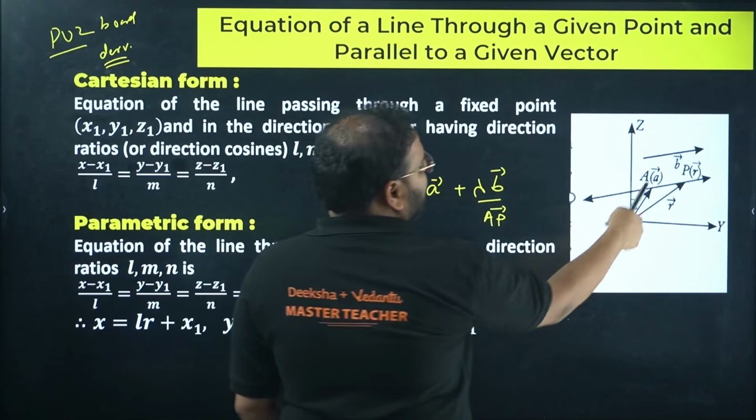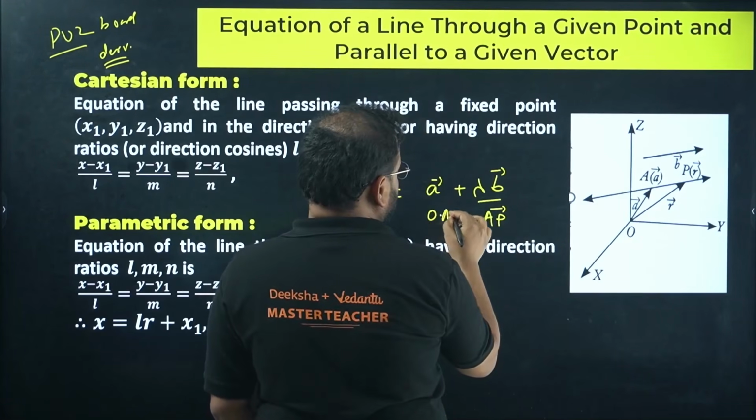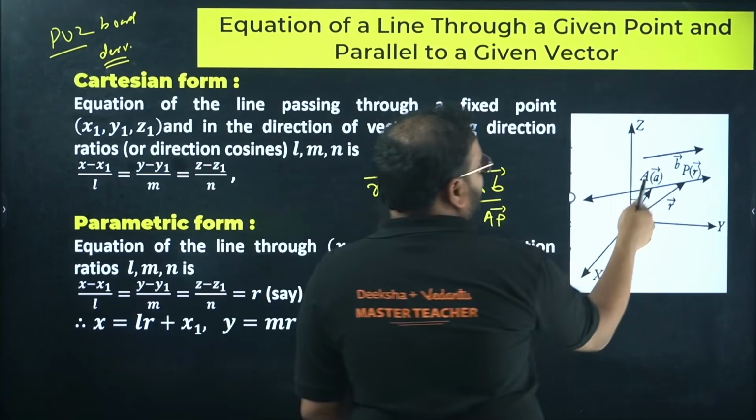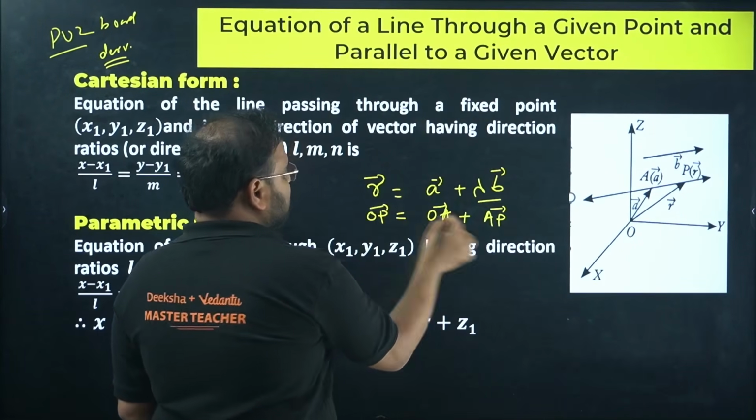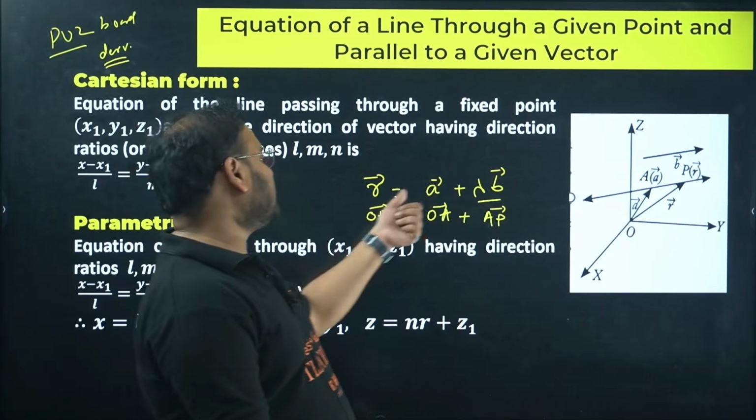Vector A is your OA vector. If you add OA and AP, you'll get OP. This is the triangle law of addition you use to get R as A plus lambda B.